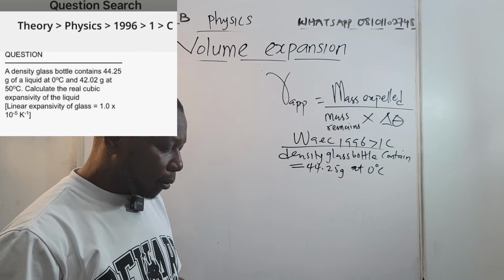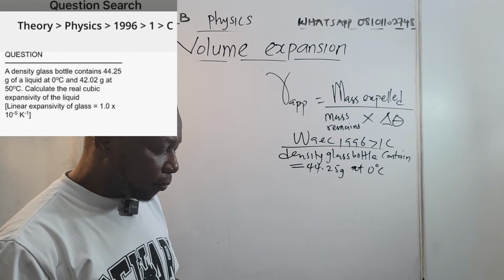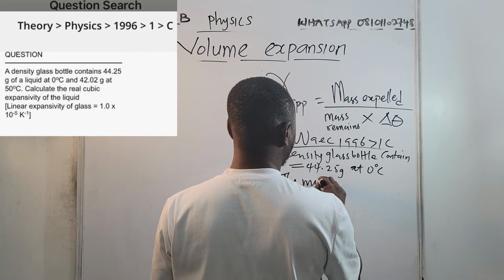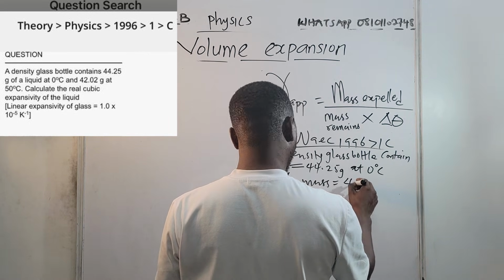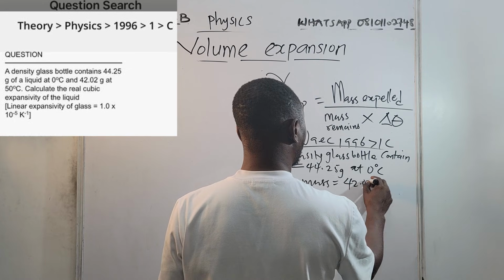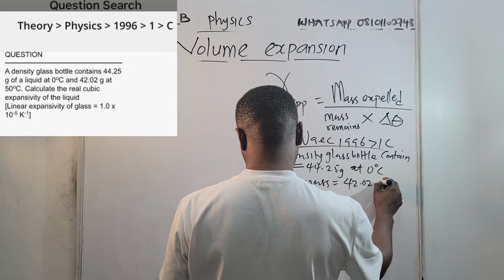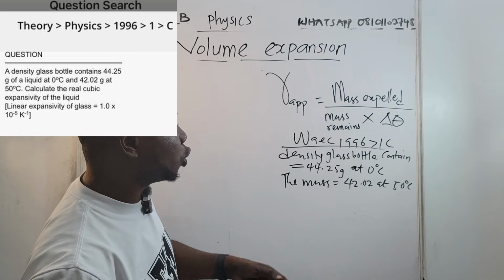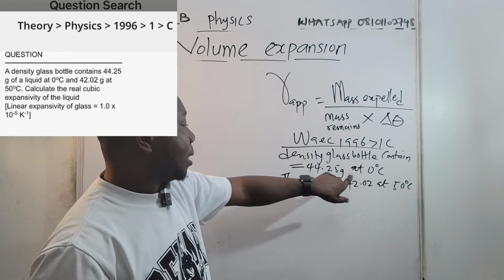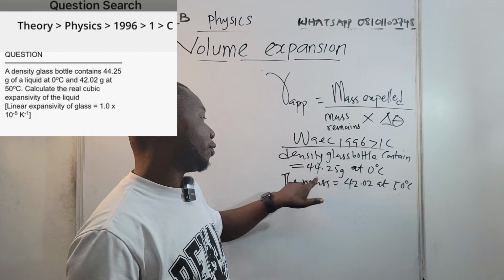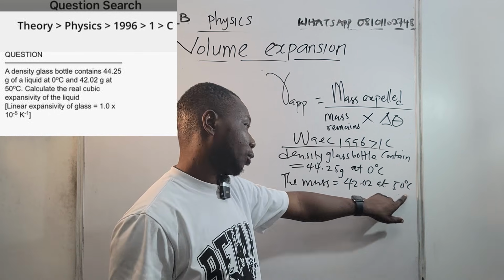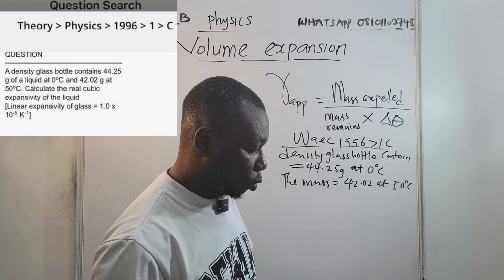Now the mass was 42.02 at 50 degrees Celsius. So what do you observe? At 0 degrees Celsius, it was 44.25. Now at 50 degrees Celsius, it was 42.02.